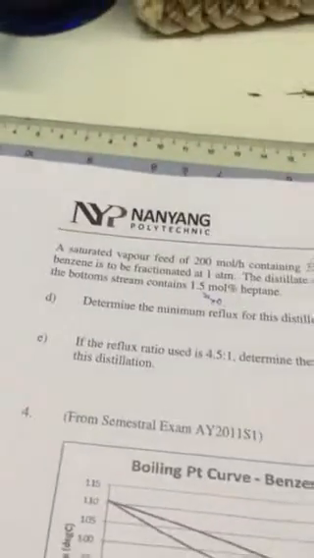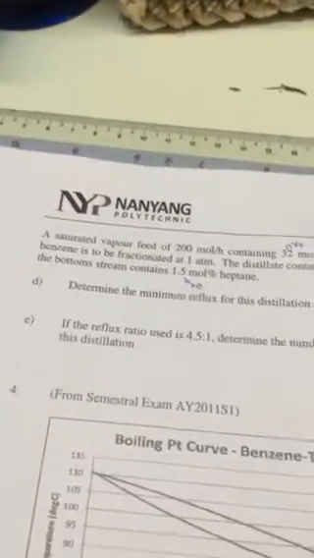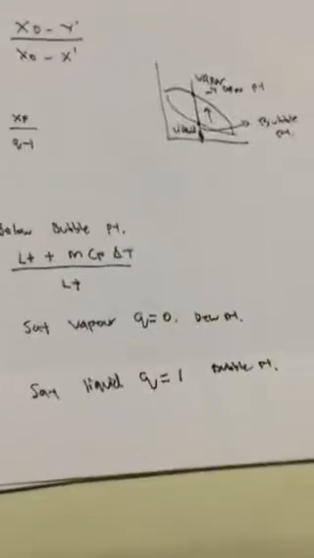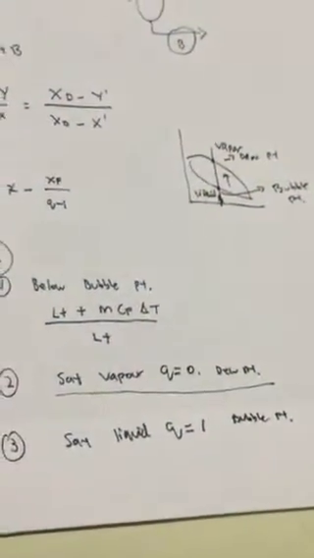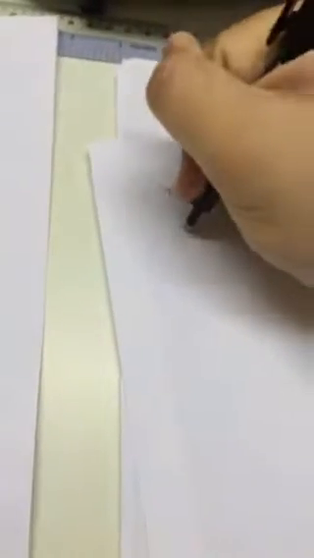So for this question, we talk about saturated vapor. This is the condition that you need to use. Let's use another piece of paper. You know that y equals Q over Q minus 1 x, minus xf over Q minus 1.